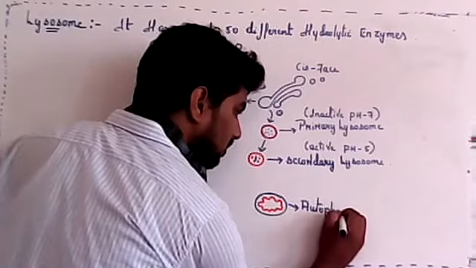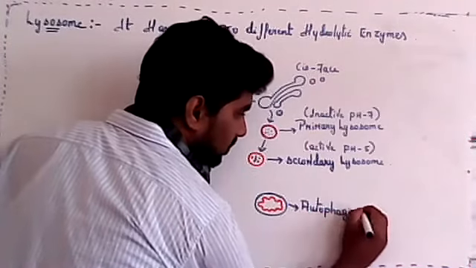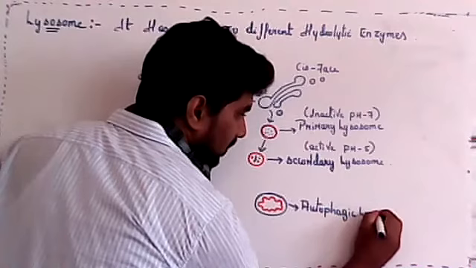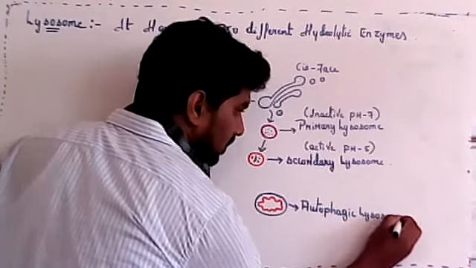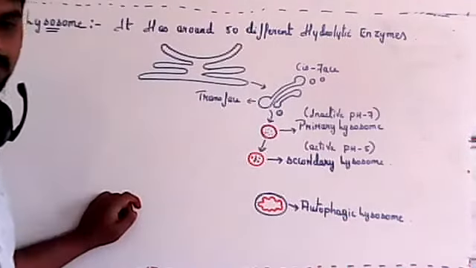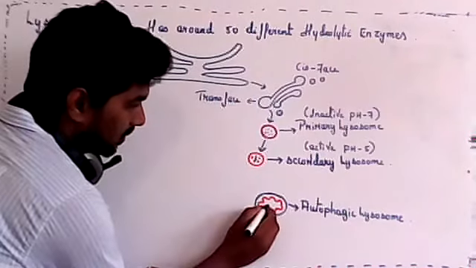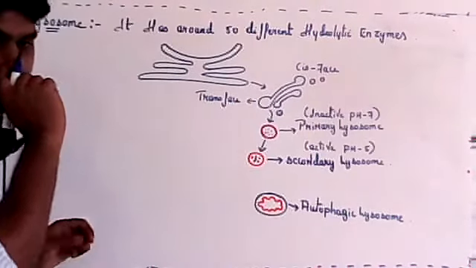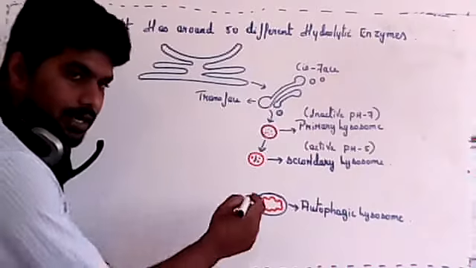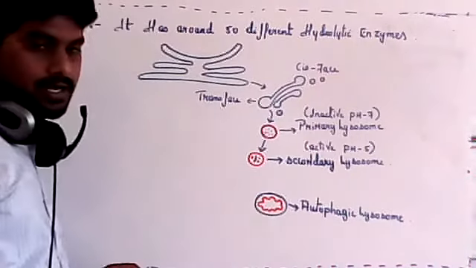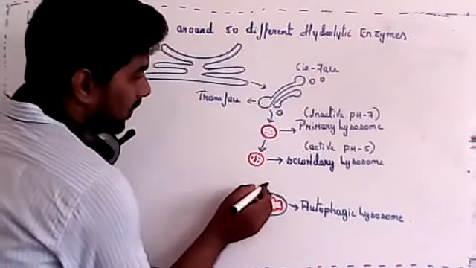Lysosomes wherein organelles are engulfed take in the organelles and try to destroy them. Such lysosomes are called autophagic lysosomes.